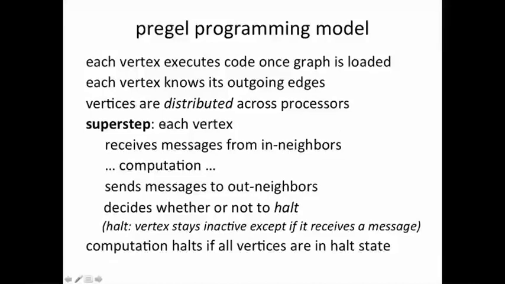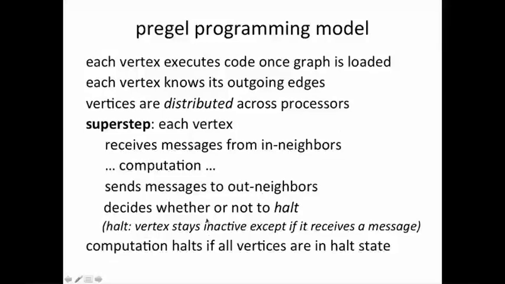So each vertex first receives messages from all its in-neighbors, so whoever is sending it messages on its incoming edges, does some computation using these messages, and then decides to send some messages to its out-neighbors possibly. After that, it decides whether or not to halt. What a halt means is that a vertex stays inactive once it's halted unless it receives a message from some other vertex in the future.